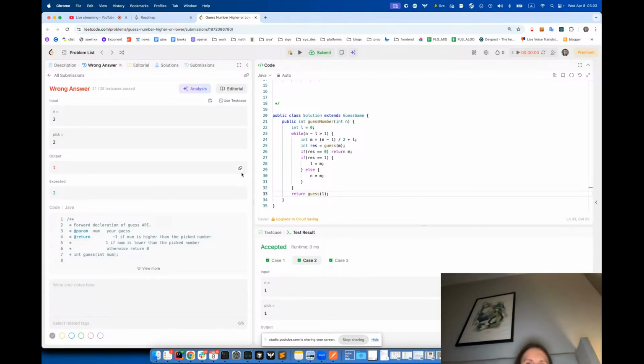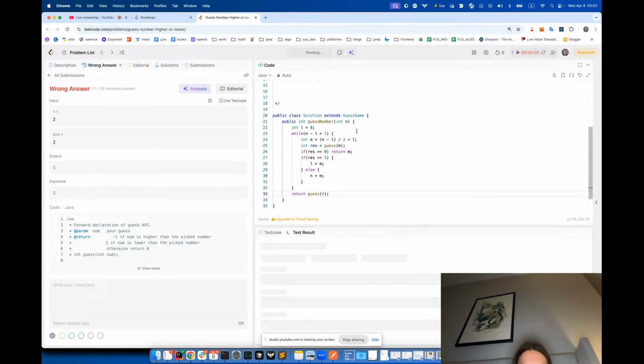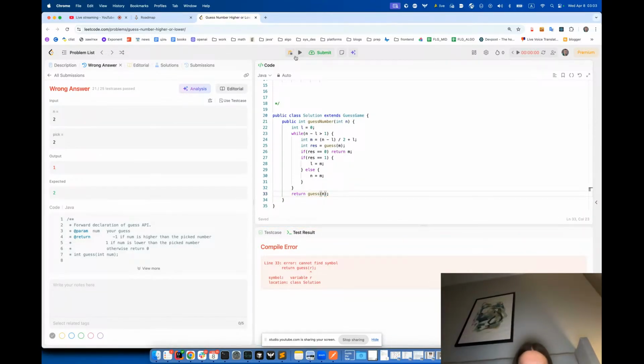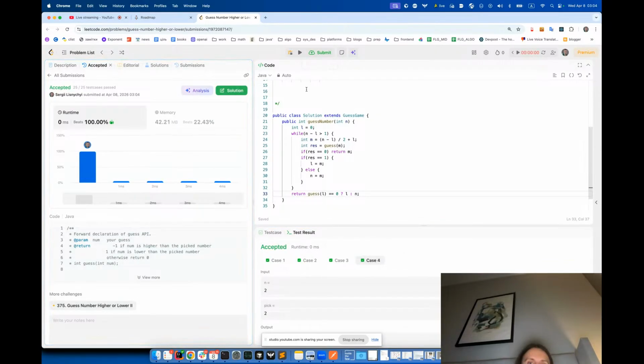Okay, I have 2 and 2. I guess R. So I guess N. Output: guess L equal to 0, I return L. Otherwise, I return N. Okay, so now it works.